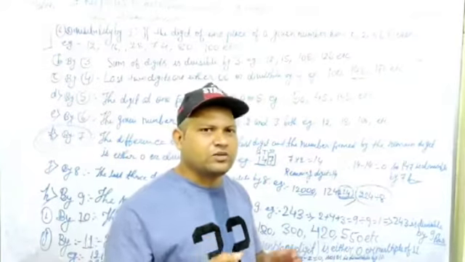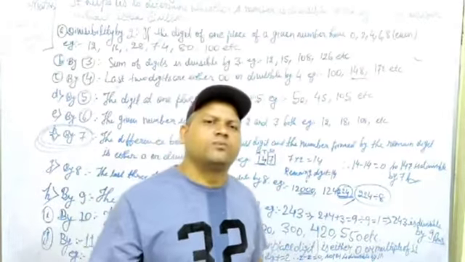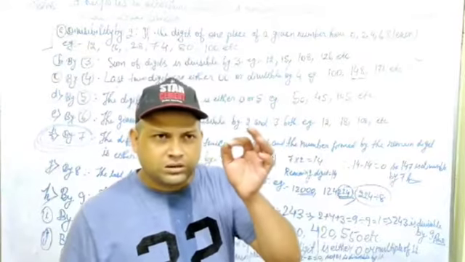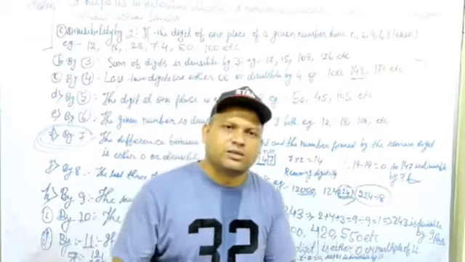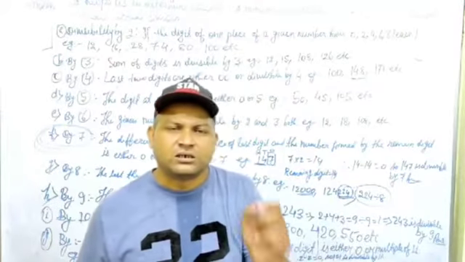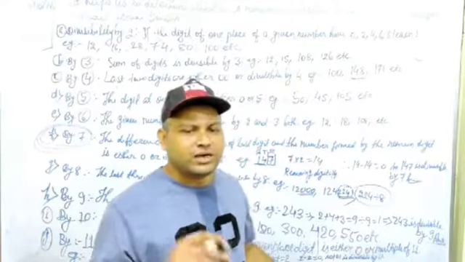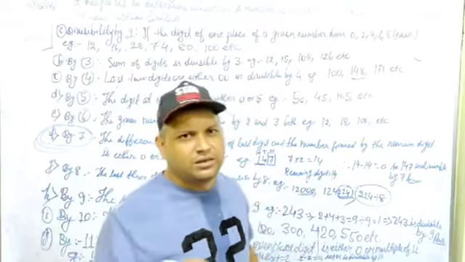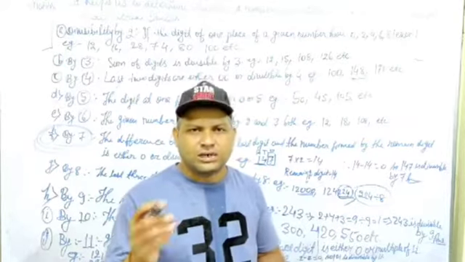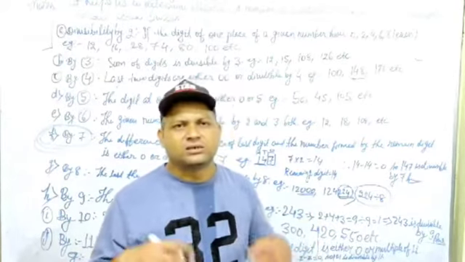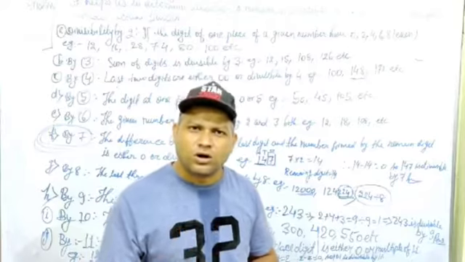So please remember, if the difference between the sum of odd places digits and the sum of even places digits is either 0 or 11, remember this. Or it can be a multiple of 11: when subtracted, the result is either 0 or a multiple of 11.